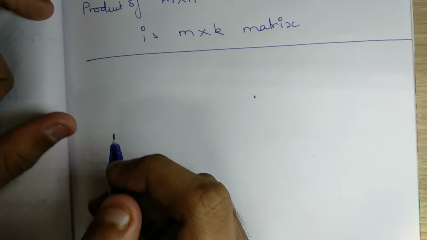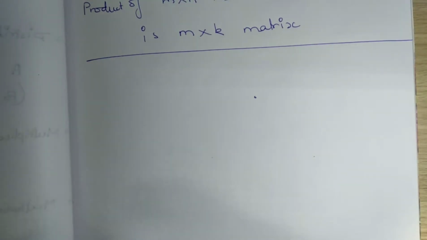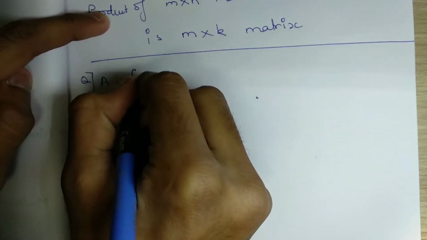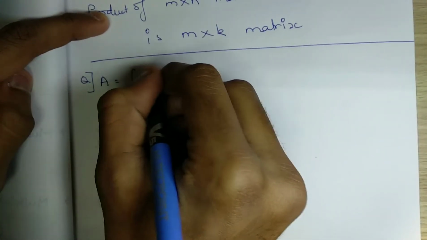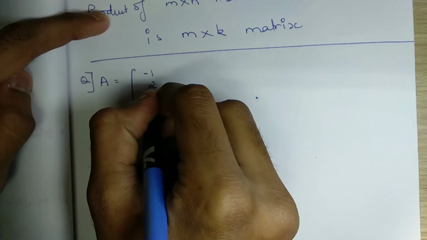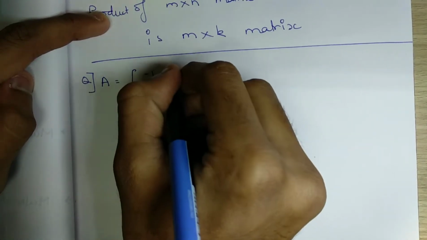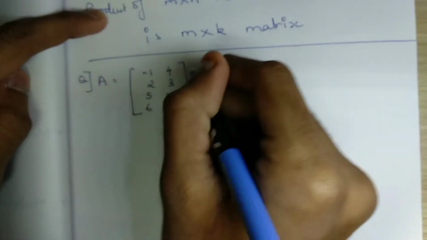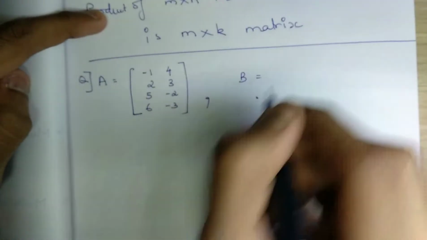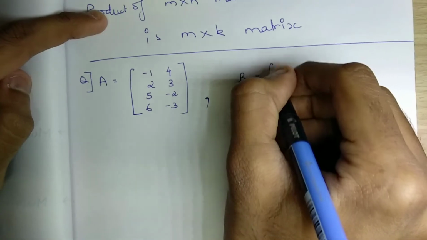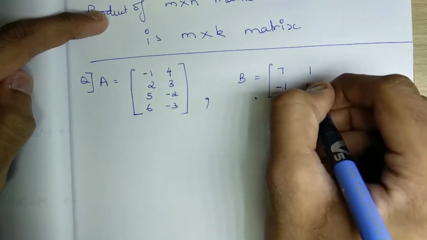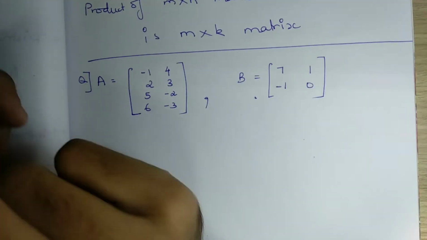So now let's do some examples and get a clear understanding of how to proceed with the matrix multiplication. So this is our question.